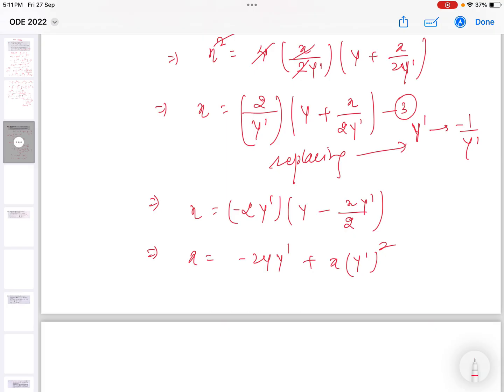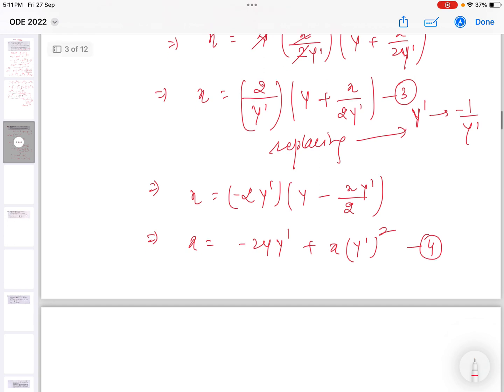So it's fine. Say it is 4. Simplify 3, then I think it will be easier. Simplify 3. X is equal to 2y dash, 2y y dash, y, say y cancel.